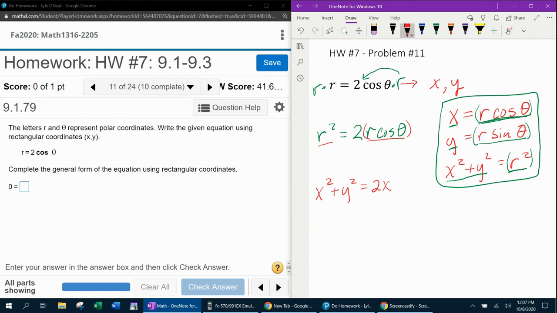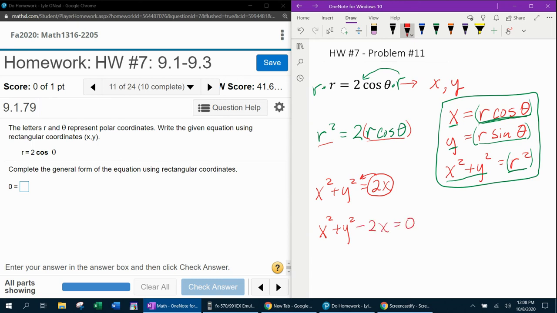And then if you look at MyLab Math, it says complete the general form of the equation using rectangular coordinates. Notice it says 0 equals. So I'm going to need to set this equal to 0 to finish it. And that's going to look like x squared plus y squared. Moving the 2x over makes it minus 2x.